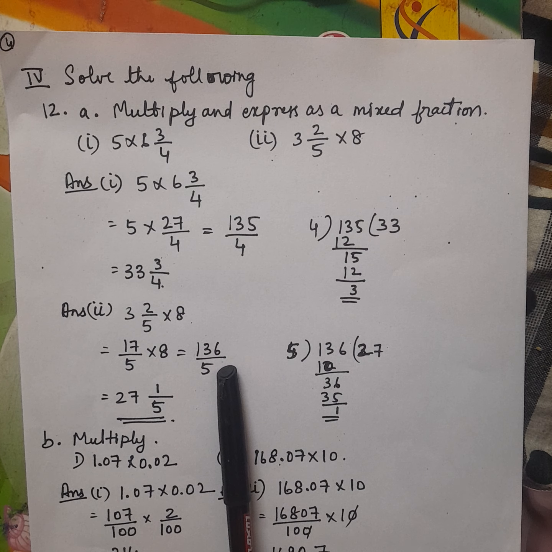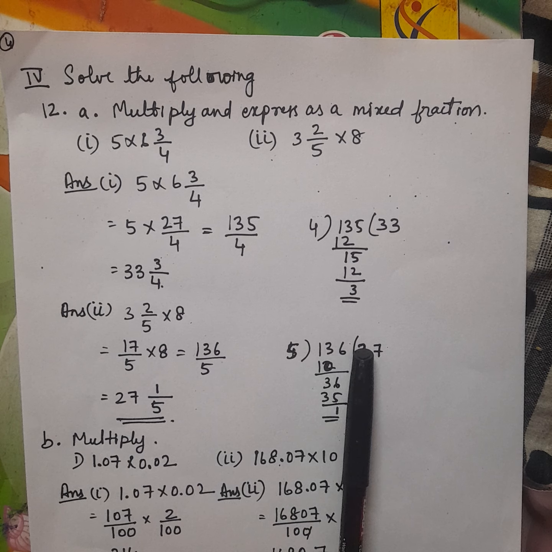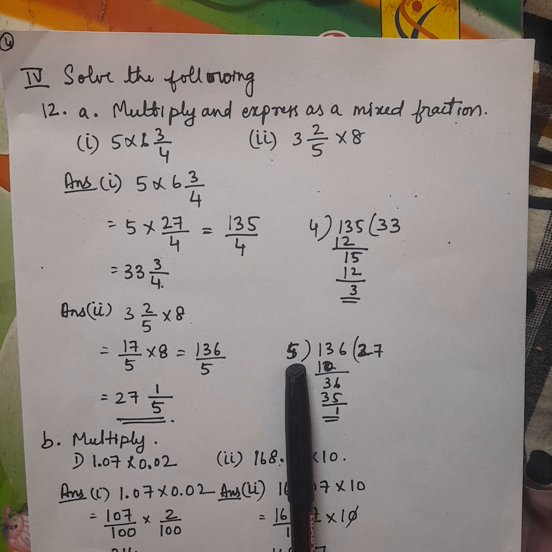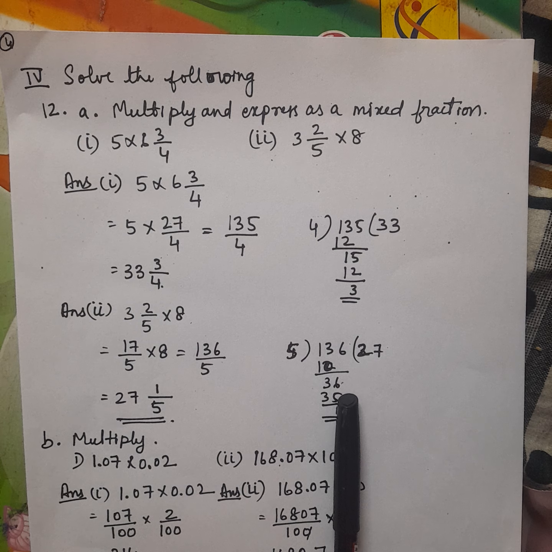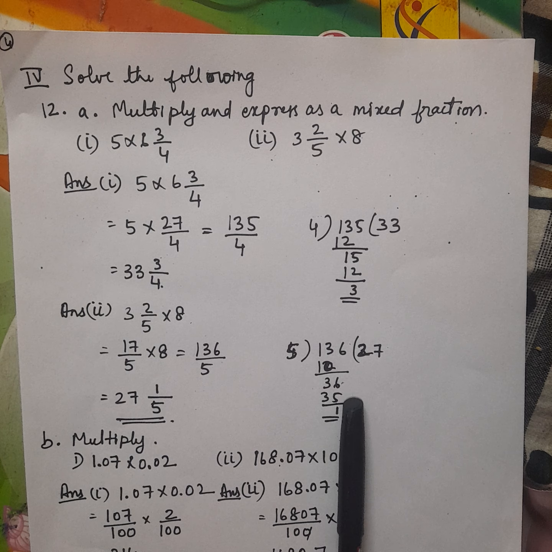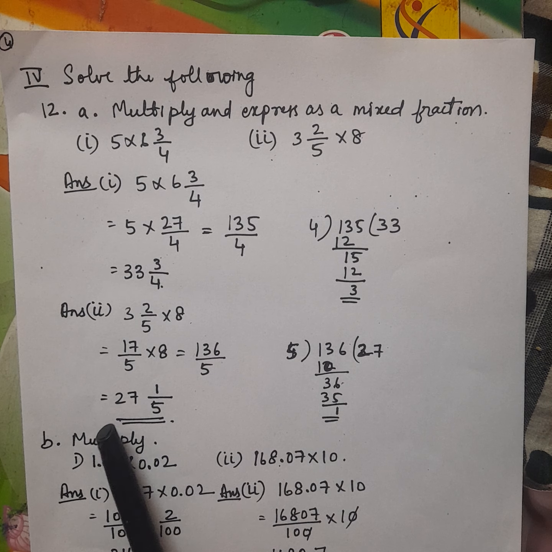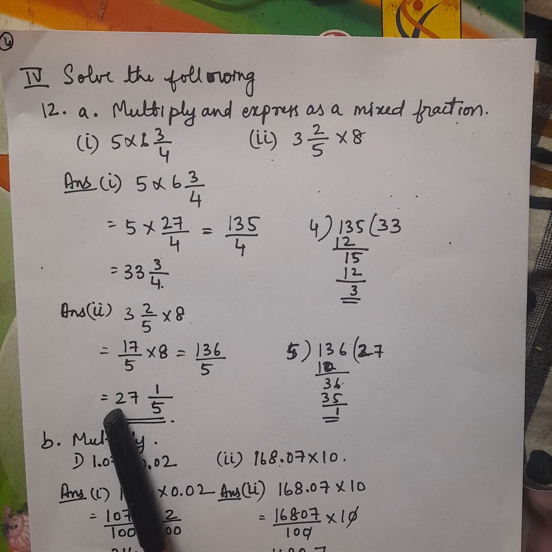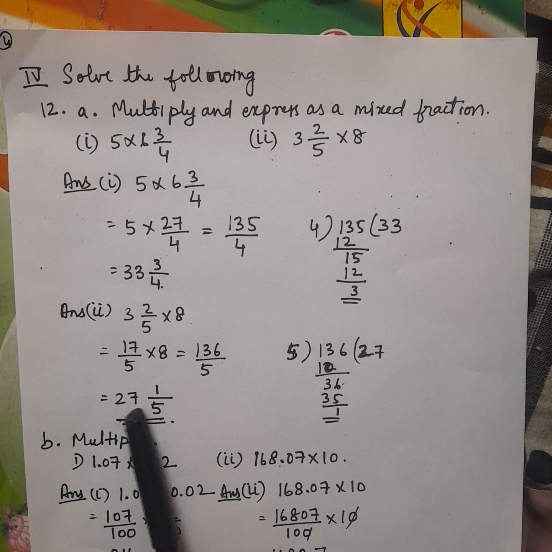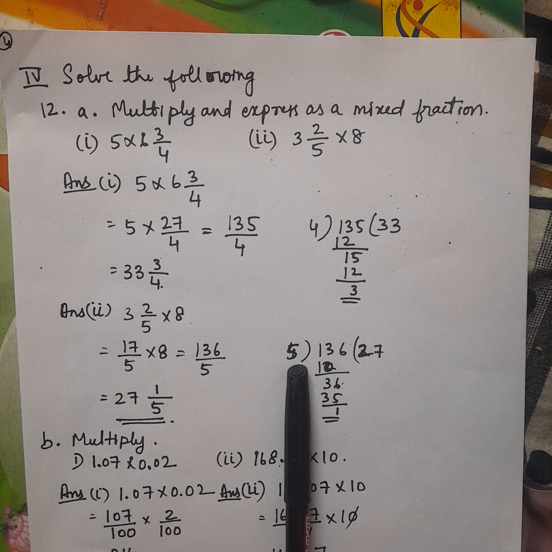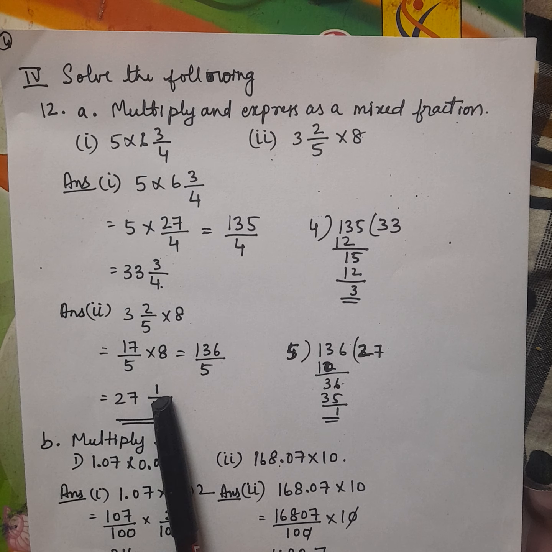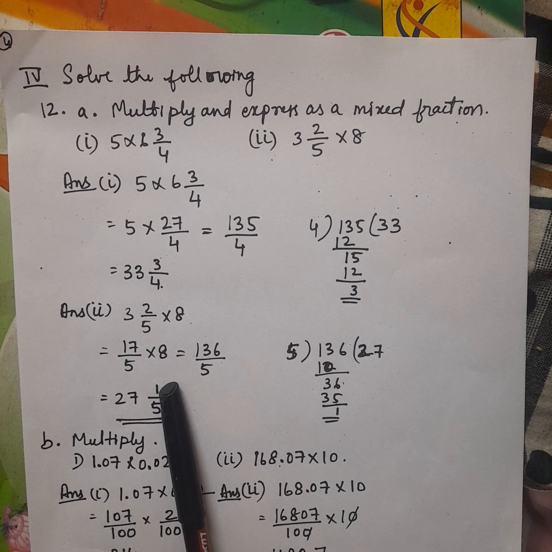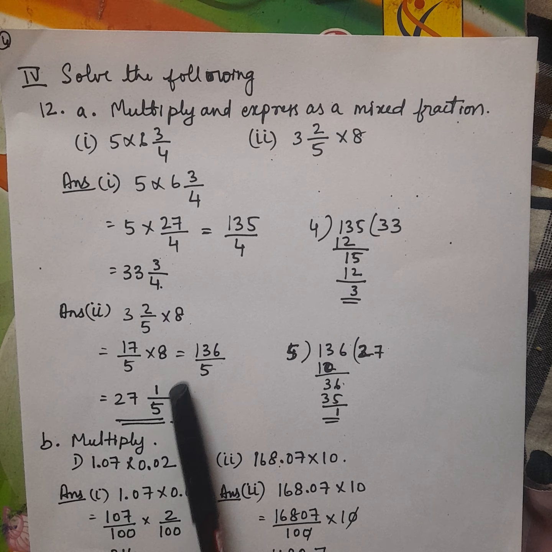Now we have to express it as a mixed fraction. Now 136 when divided by 5, 5 2s are 10, 3 remains, 6 comes down, 5 7s are 35, 1 remains. Now when you are writing the mixed fraction, first you have to write the quotient 27, and the divisor 5, and the remainder here in the numerator: 27 1 by 5.